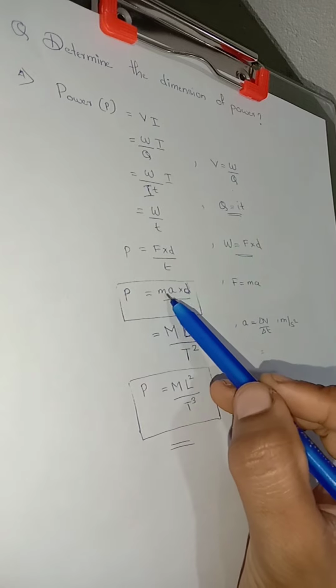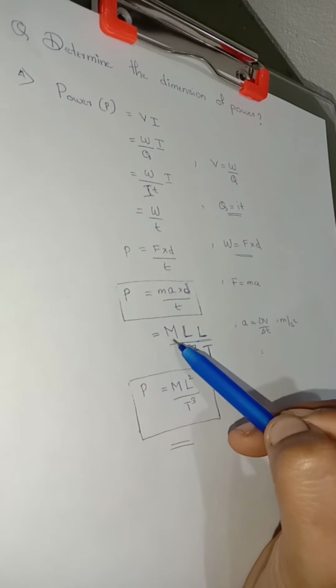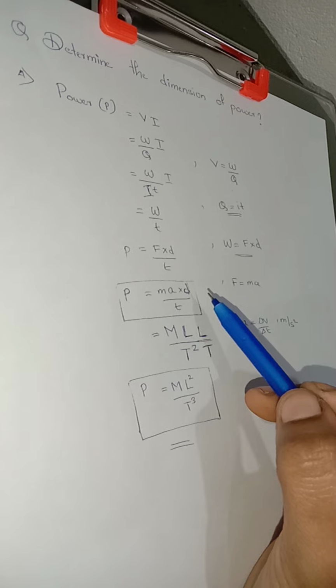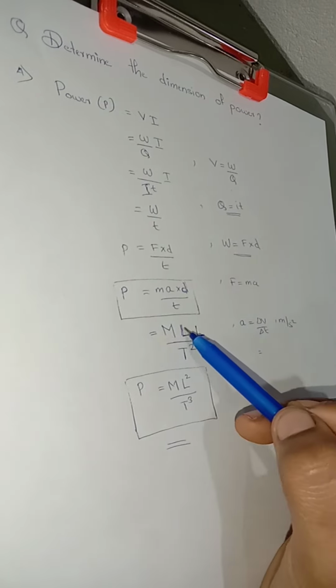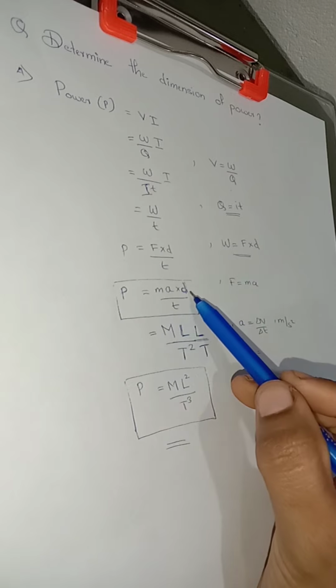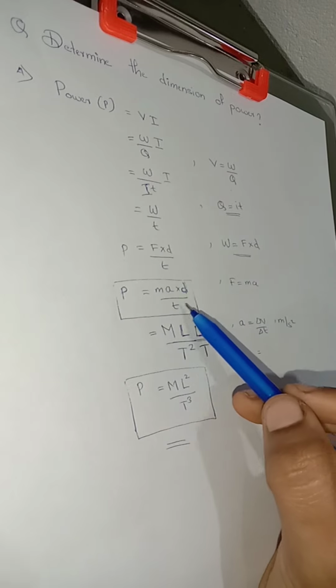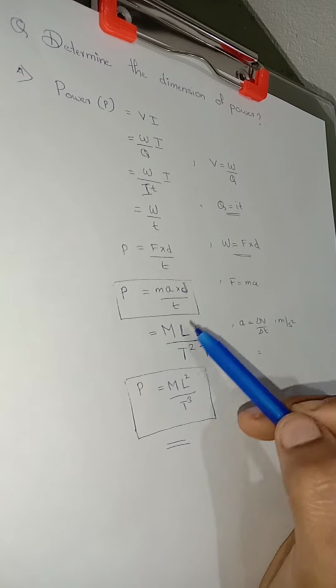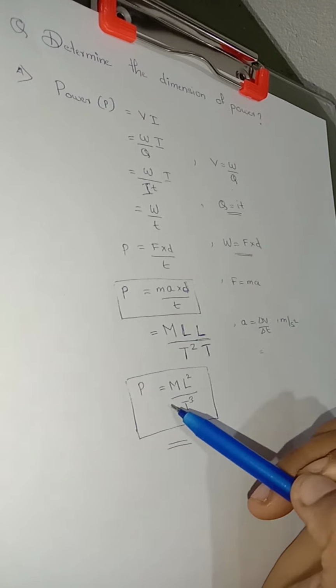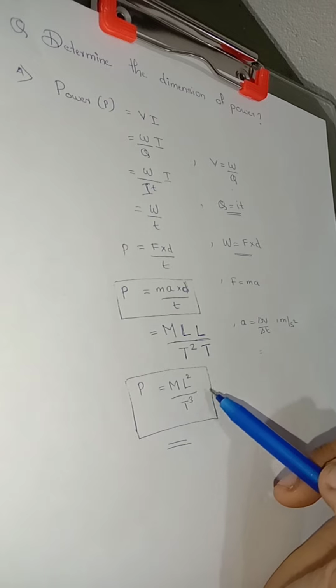So we have to know that mass is represented as a capital letter M in dimension, and acceleration, its unit is meter per second square, so it is L by T square, and displacement is represented by L, and time is again represented by T. So we will get power is equal to ML square by T cube.